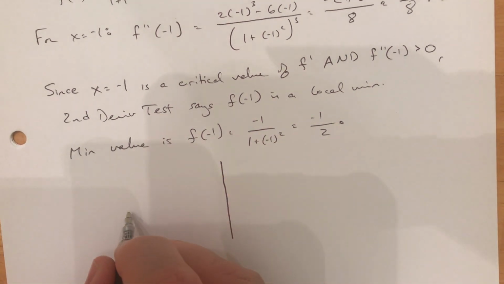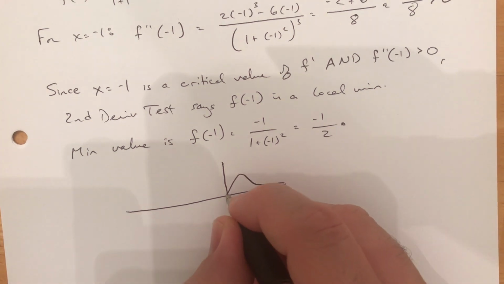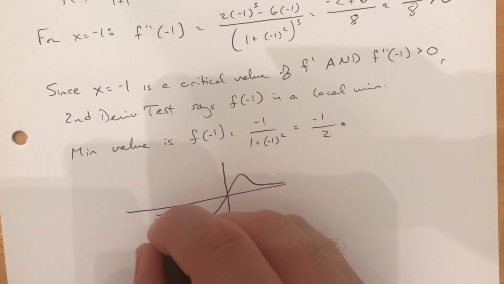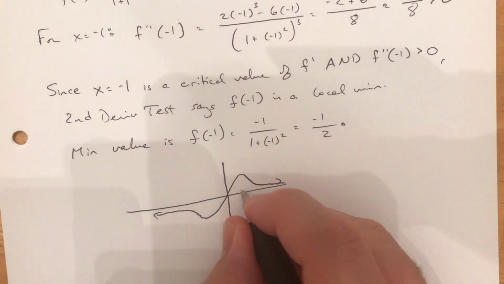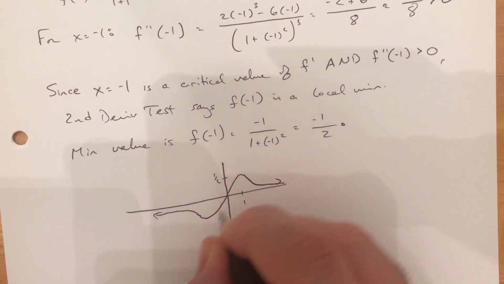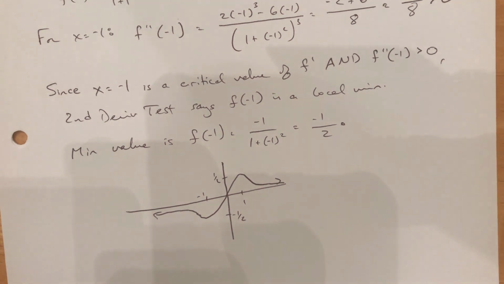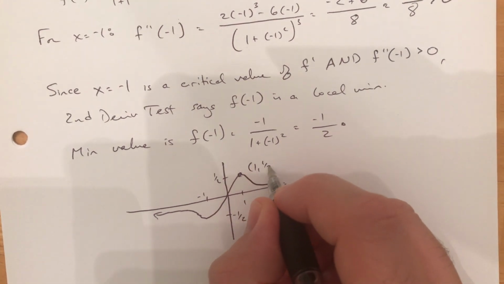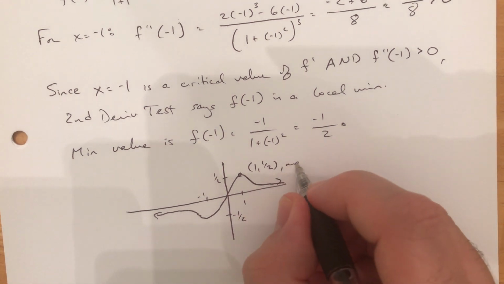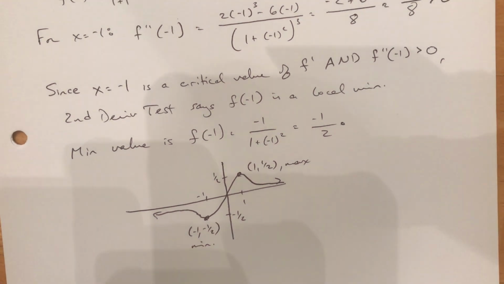Just for a little bit of reference, the graph for this, and you can graph this on your calculator or using Desmos or something like that, is going to look something like that. We have at the point 1 comma 1/2 a local max, and at the point negative 1 negative 1/2 a local minimum.